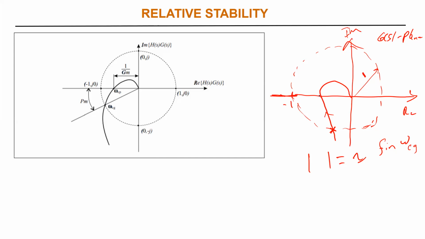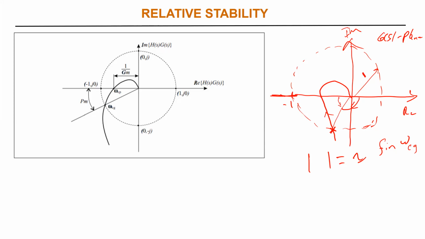Now I'm saying let me find where the magnitude equals 1. Find the frequency in there, then solve and get the phase. This phase, or from here to here, is the phase.